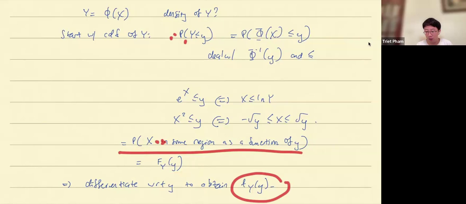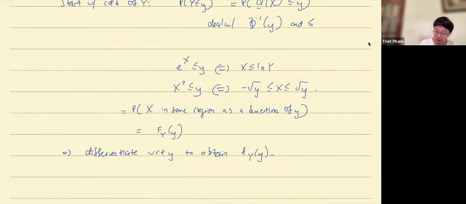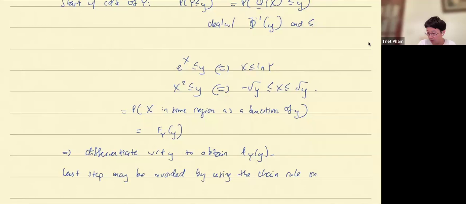But if you differentiate at this step, you may end up with the PDF of X and some chain rule. So I'll just make that remark. The last step may be avoided by using the chain rule on the previous step.